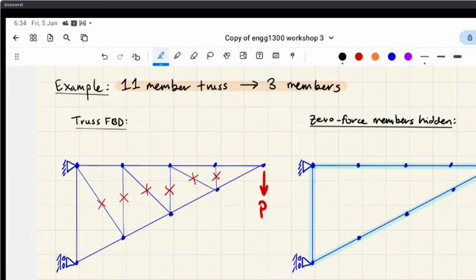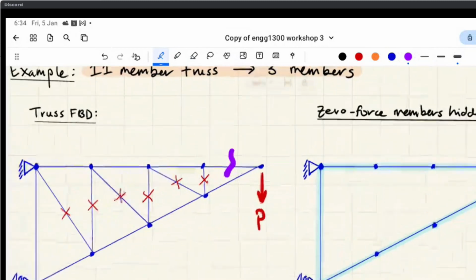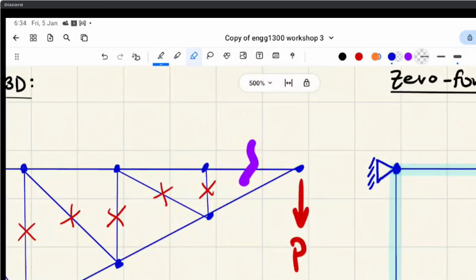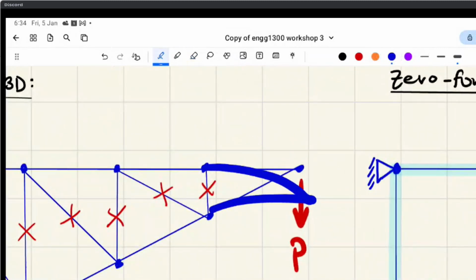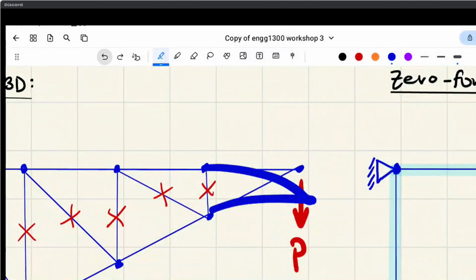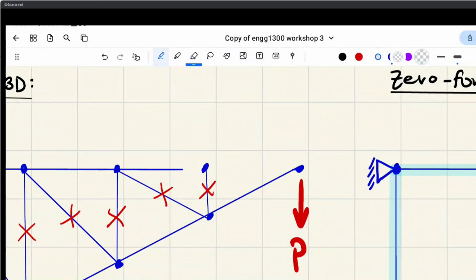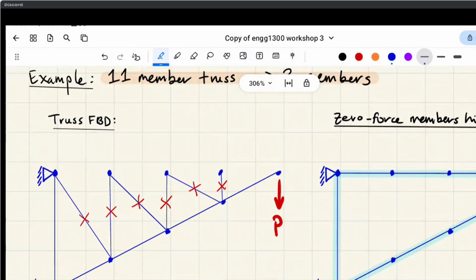One could be, say there's a bunch of loading that happens here, and then this member gives out first, say it bends like that. And then this snaps due to tension. Once this snaps, all of a sudden, these aren't zero force members anymore, are they?